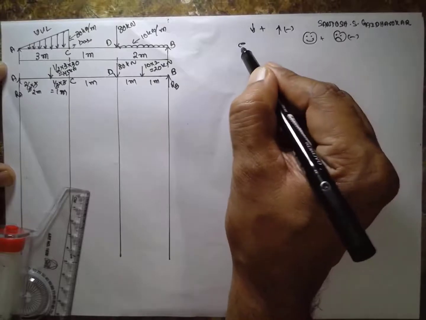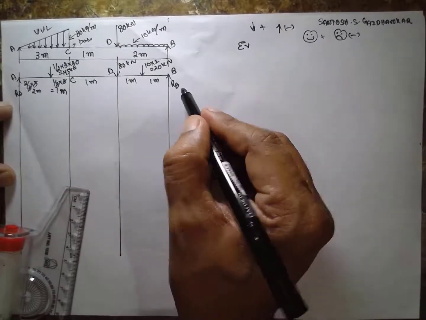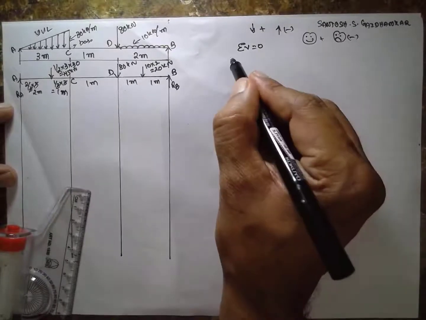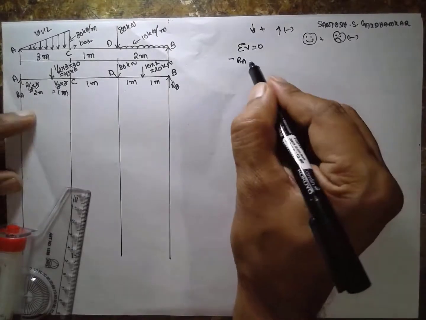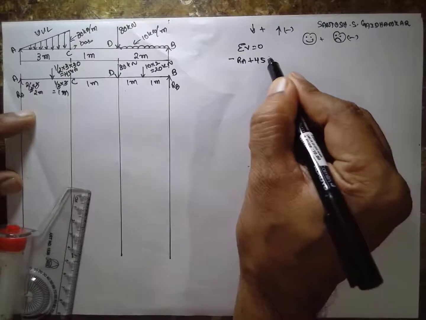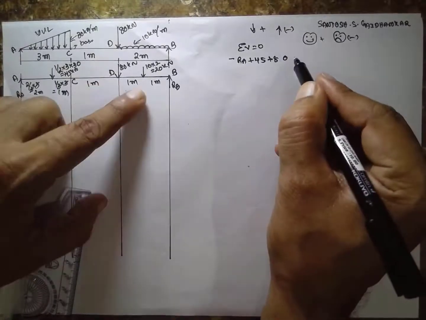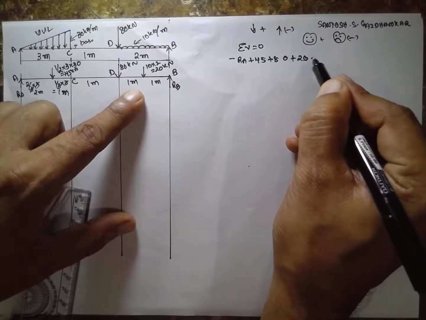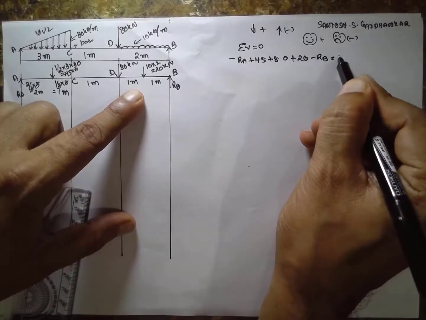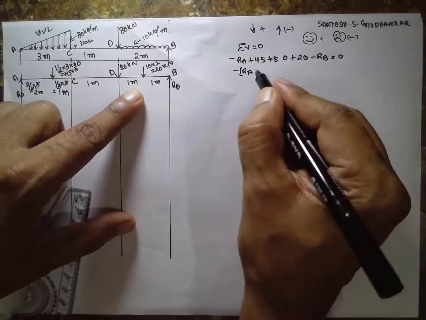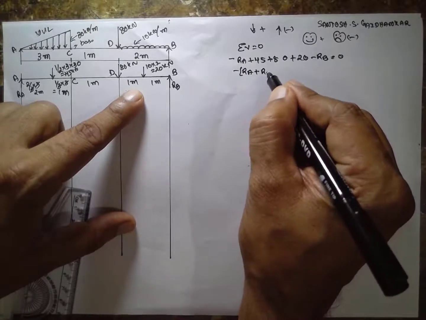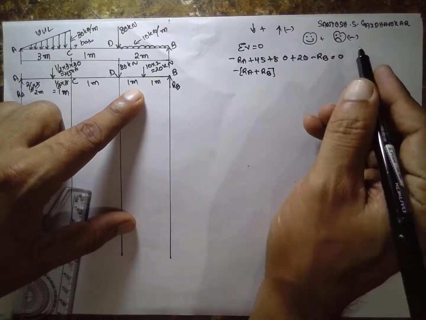Now sum of vertical forces is equal to 0, as you know for finding the reactions. Minus RA, because it is taken negative, minus RA plus 45 plus 80 plus 20 minus RB is equal to 0. Minus RA minus RB, I will take minus common, and this entire term will be brought this side.